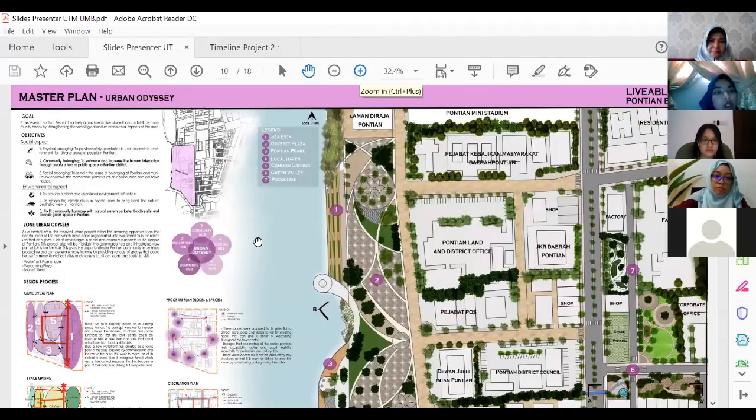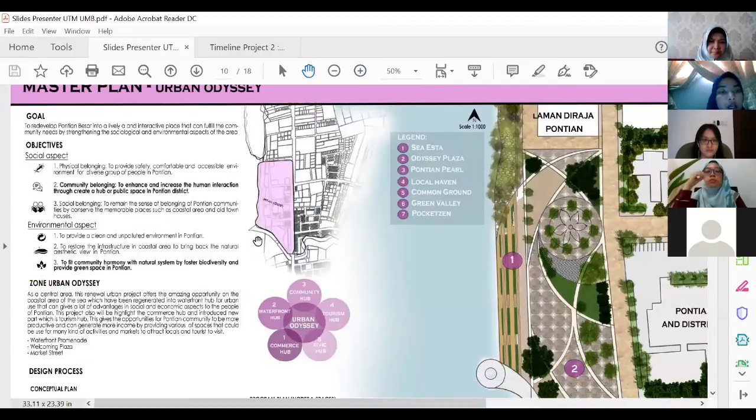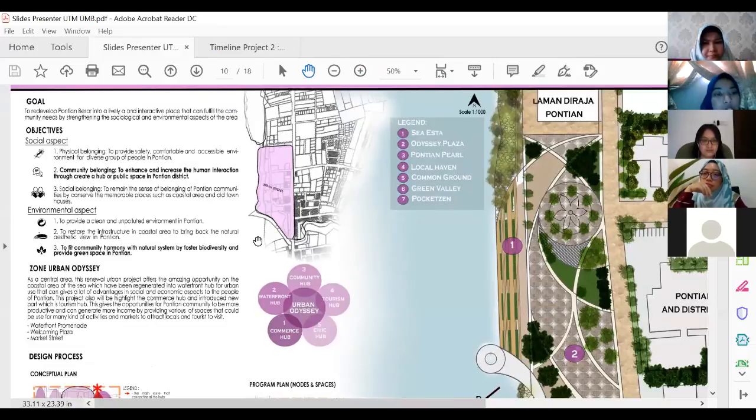The goal of the Urban Odyssey is to redevelop Pontian Besar into a lively and interactive place that can fulfill the community needs by strengthening the sociological and environmental aspects of the area.